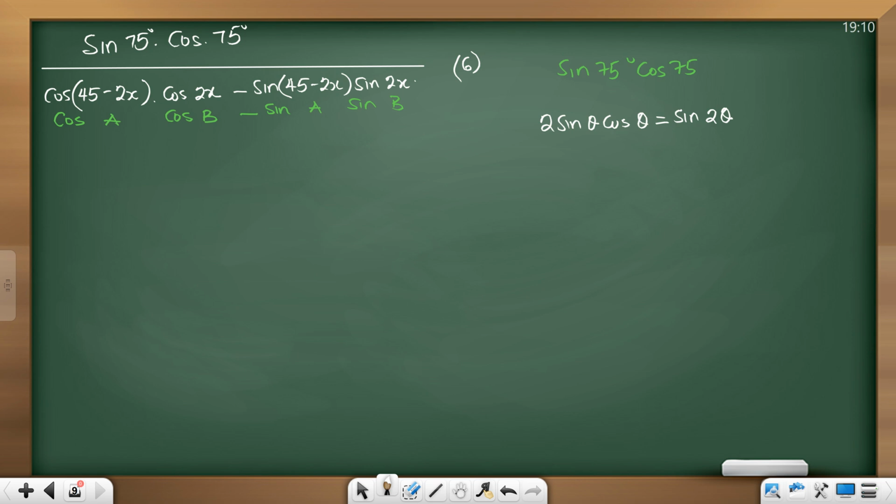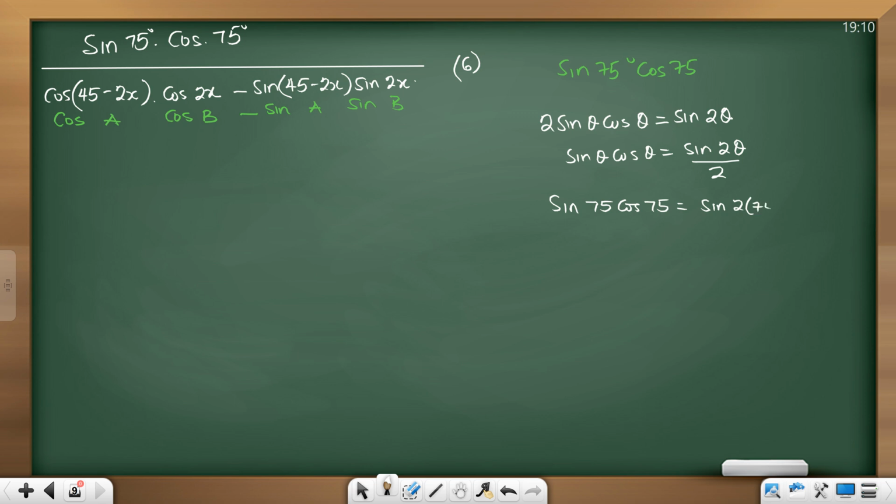Divide both sides by 2. What do you get? Sine theta cos theta is what? Sine 2 theta over 2. But please don't cancel the 2's. So look at what sine theta cos theta is. But the 2's don't cancel each other. So it means that sine 75 cos 75 is what?